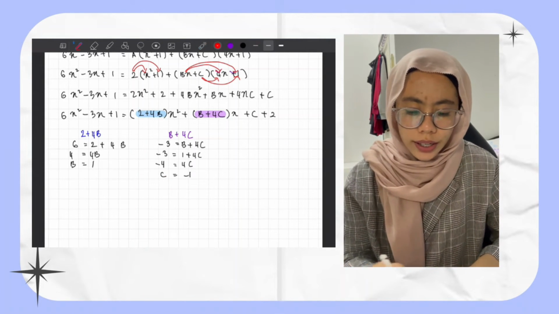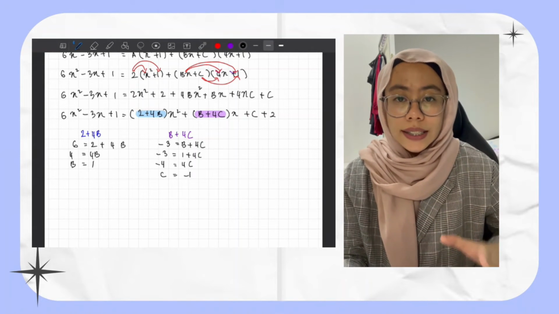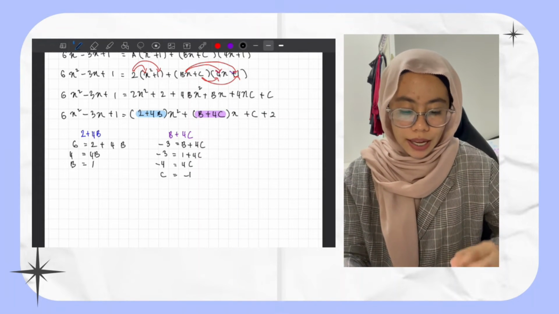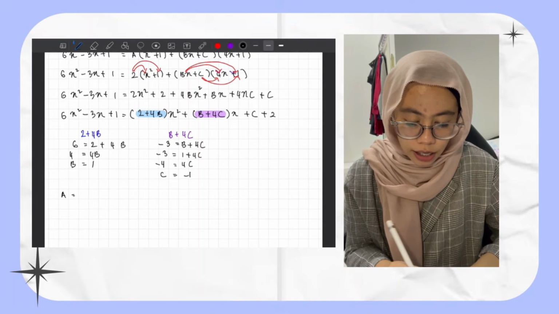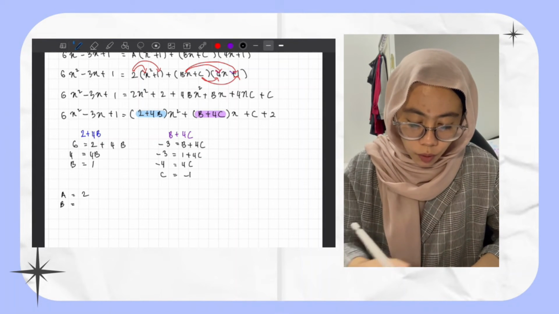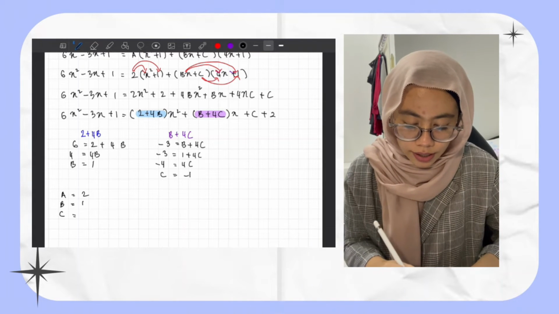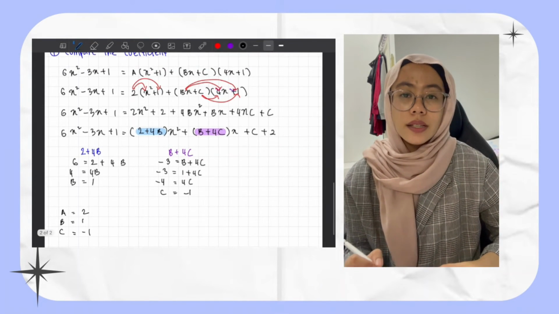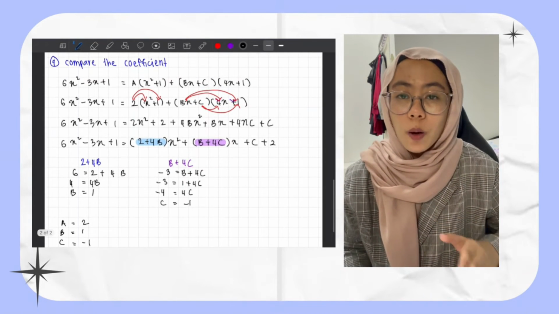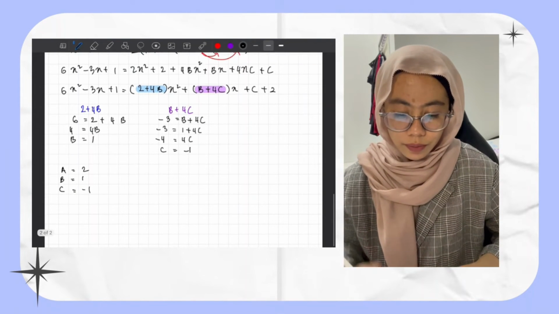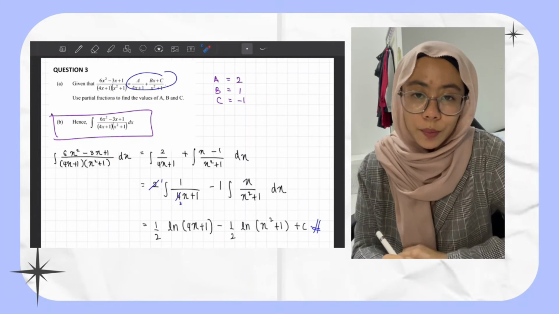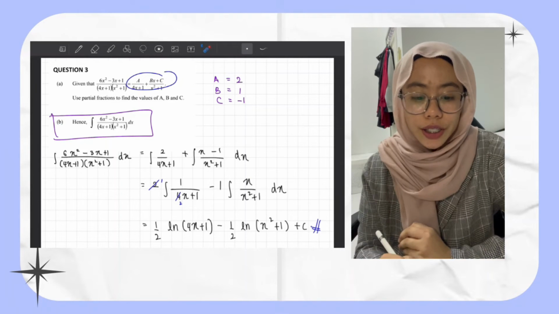So we already got all the values of a, b, and c, where a is 2, b is 1, and c is -1. So that is the first step, we need to compare the coefficients. So we have already settled question A.